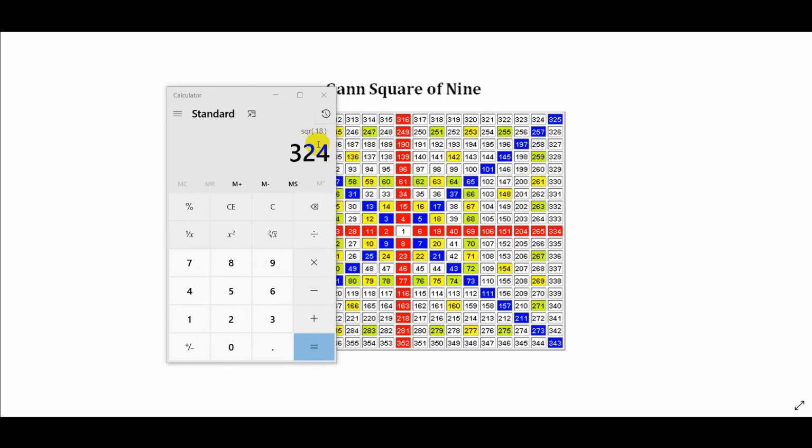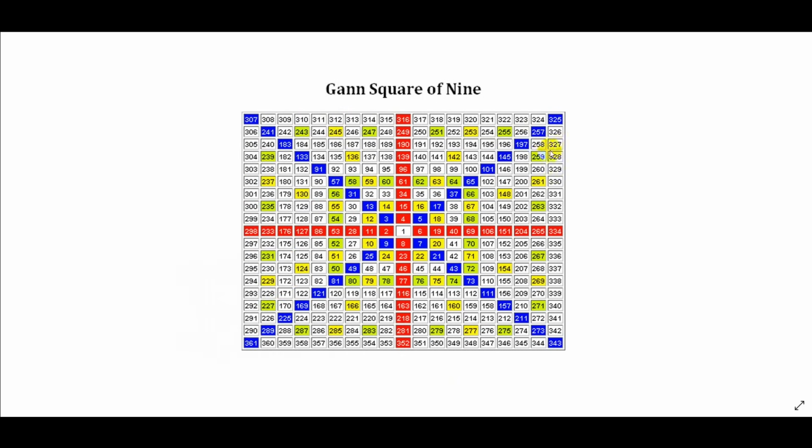So 16 plus 2 is 18, 18 square is 324. From there, there is one more circle. It just goes, and after that it comes here to 334. It's one big rotation of the circle. So that's how it is all connected. It's all units of squares, rectangles, circles, etc.